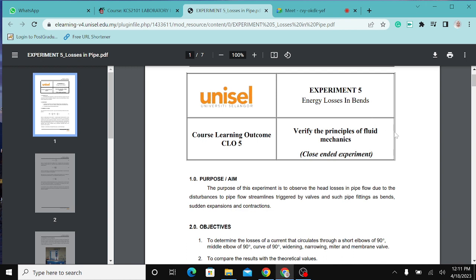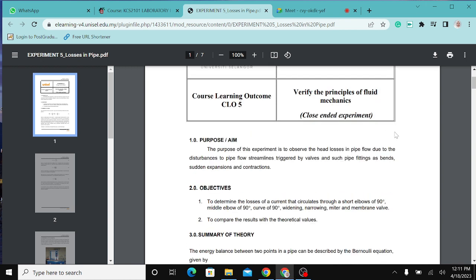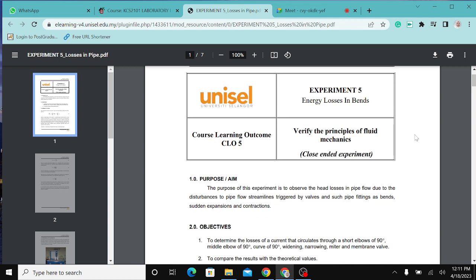To verify one of the principles of fluid mechanics. Okay, basically is to observe the head losses in pipe flow due to the disturbance to pipe flow streamlines triggered by valves and such pipe fittings such as bends, sudden expansions and contractions.